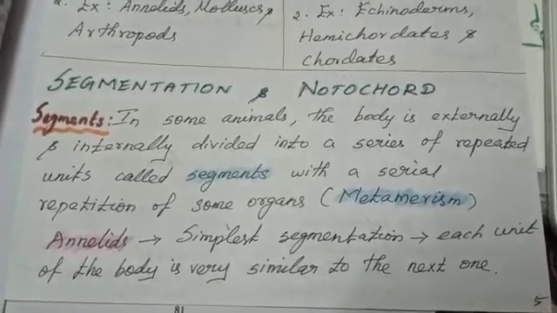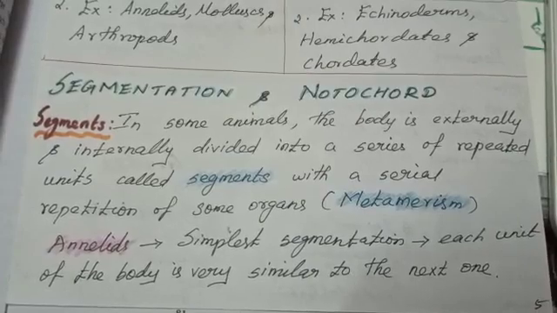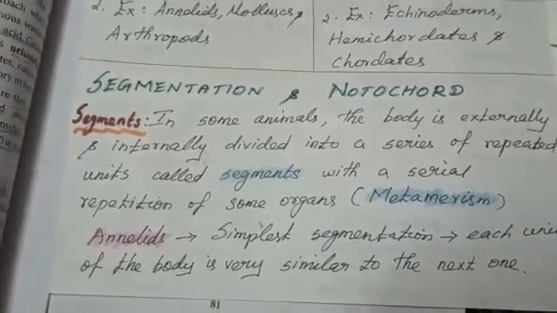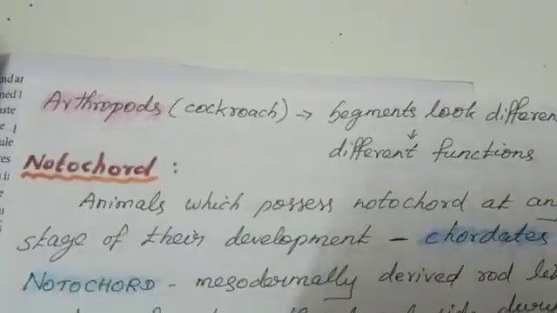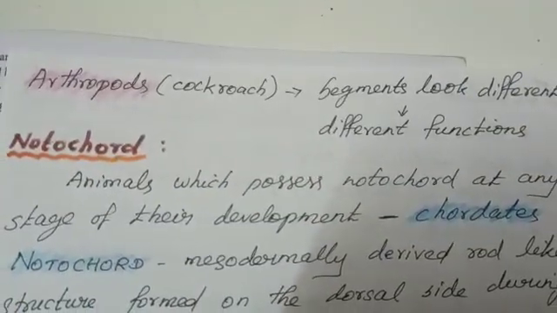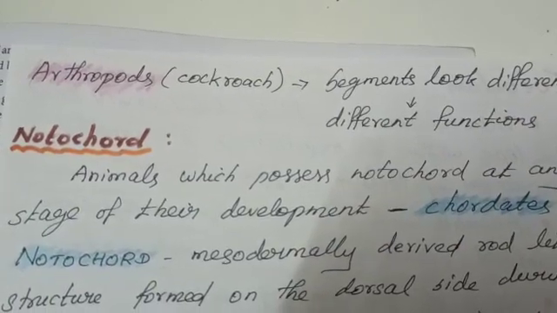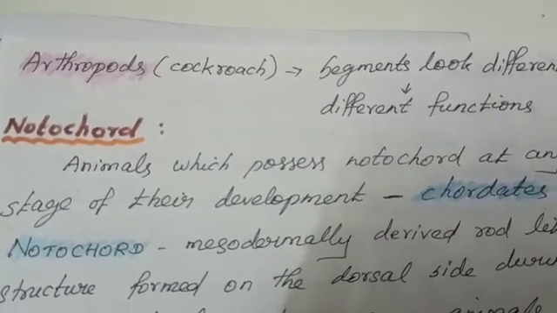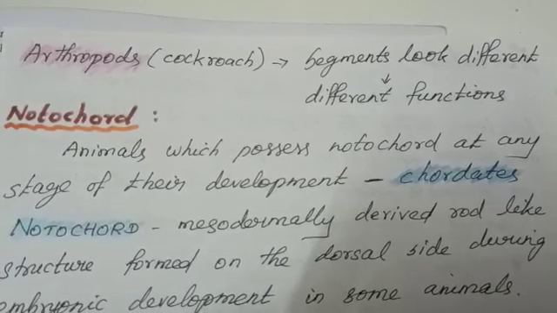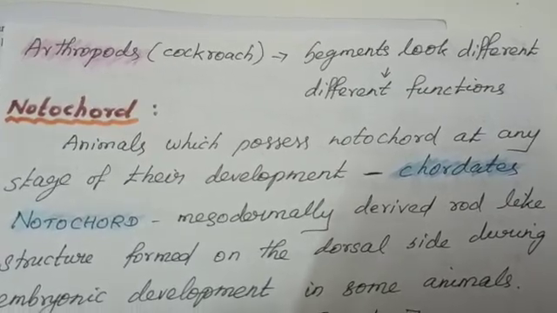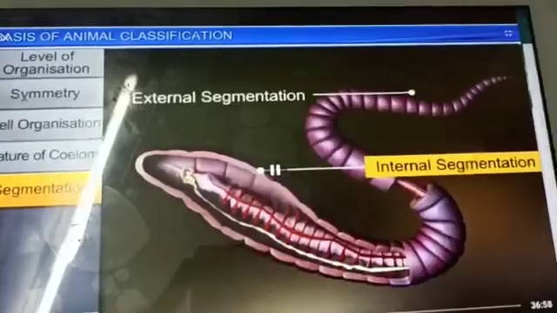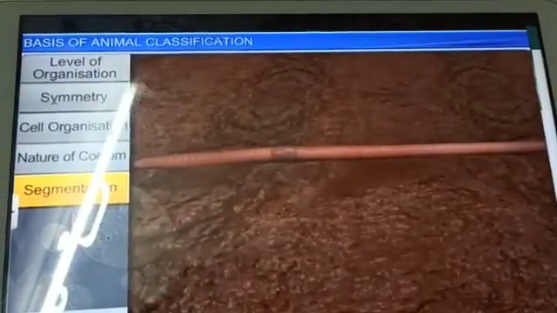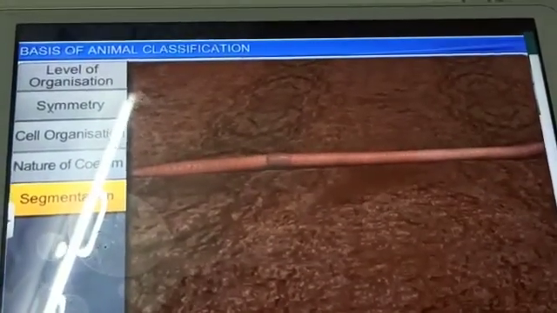Each unit of the body is very similar to the next one. But in arthropods, in cockroach, segments look different and perform different functions.